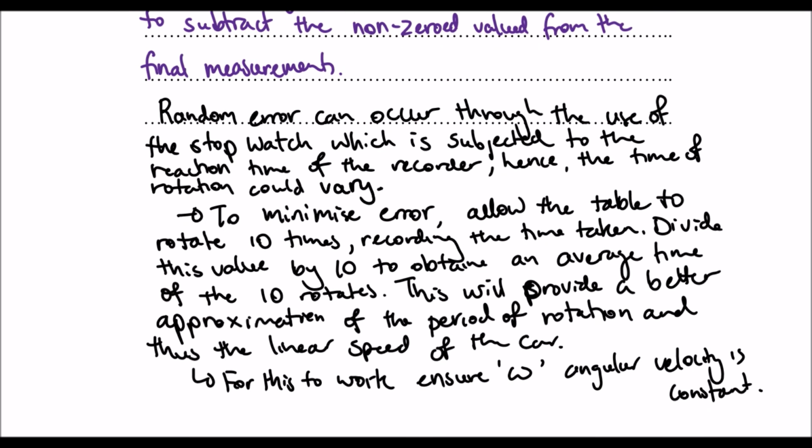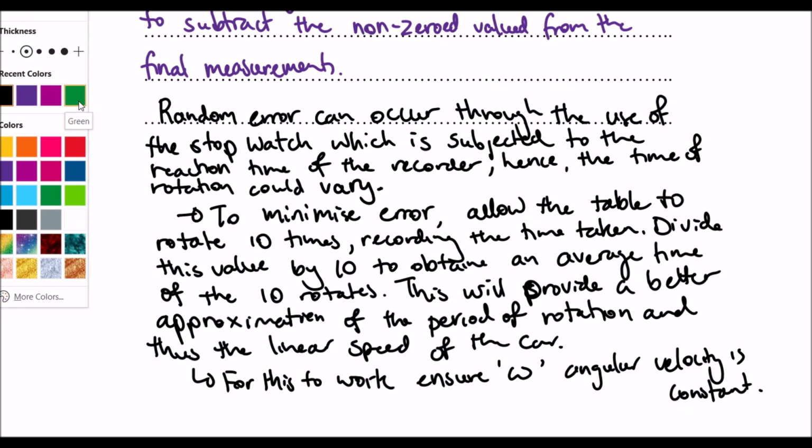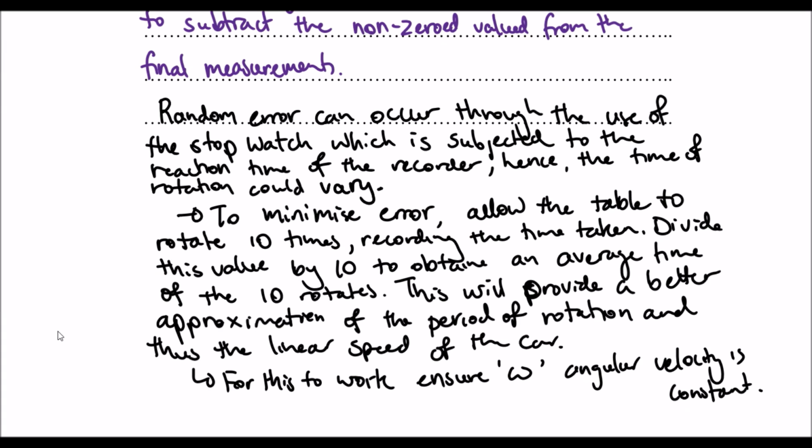An additional point that you don't necessarily need to take in, but it might be useful information, is remember the relationship between linear and angular velocity is v equals r times omega. So if I work out the angular velocity, because it's constant, and also the radius, I can work out the linear velocity. So that's the relationship we're trying to show here.